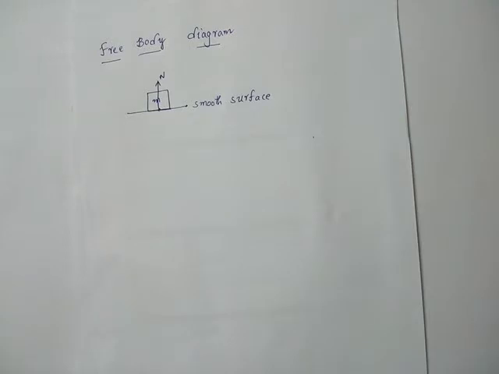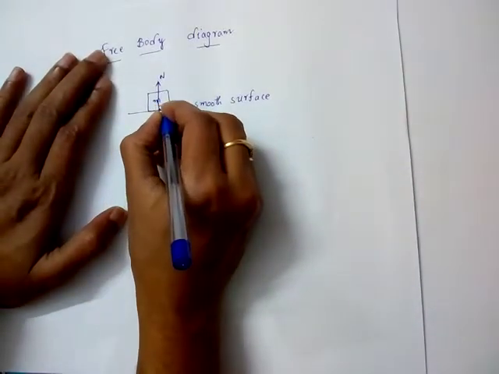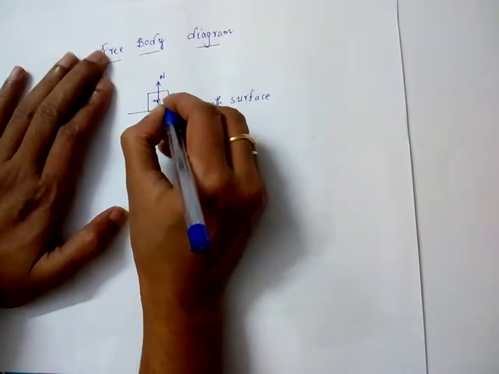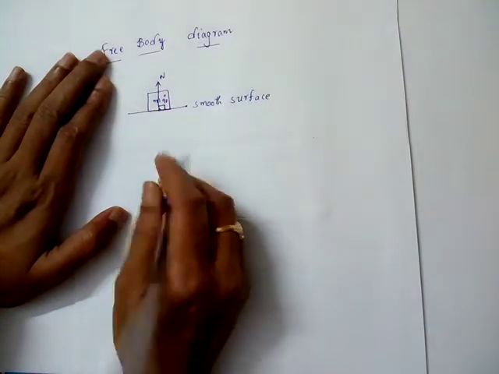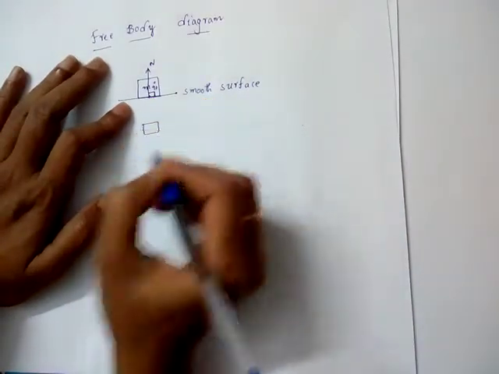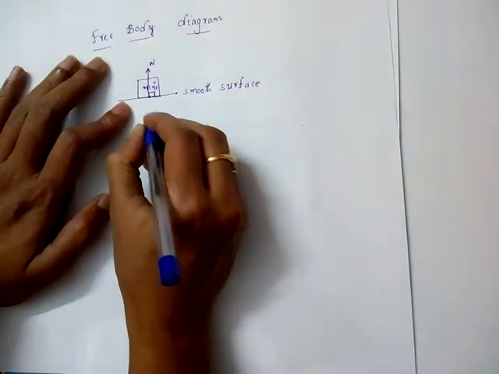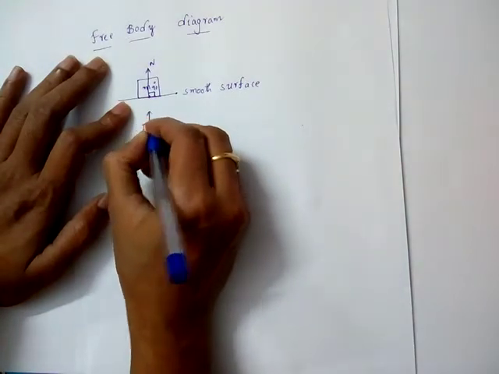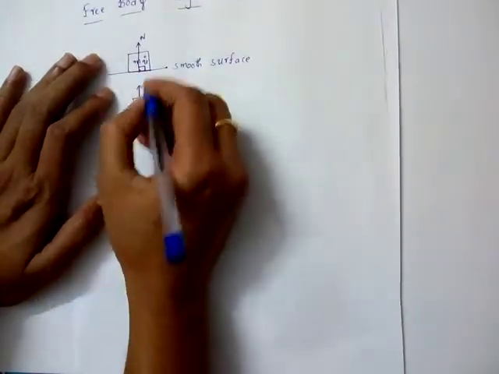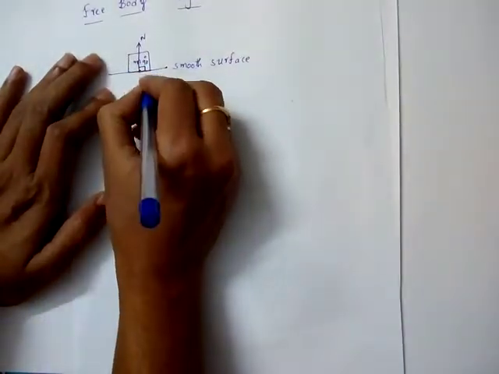So try to remember, when I say normal, that means it is 90° with the surface. So here normal force will be making 90° angle with the surface. So here just a free body diagram, how do you draw? You will take mass and you will just show normal force outwards from the surface. Okay, 90°. This is N.